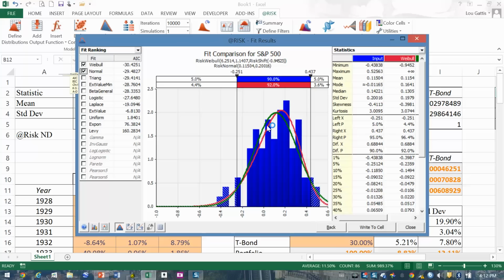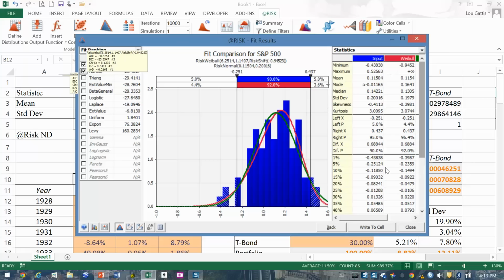So it appears that this Weibull is able to create a fatter left tail, thinner right tail. So it's going to predict more extreme events, but just a little bit more than the normal distribution. And they have them ranked by some score, and you can read about that in the slide, talking about how they do that. But they score it, and it looks like the Weibull had the best fit.